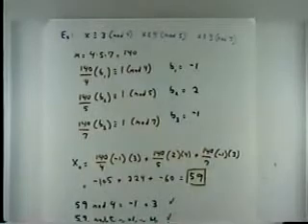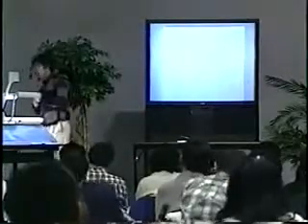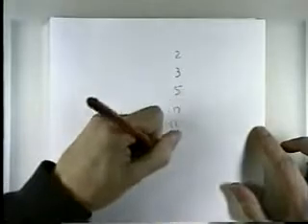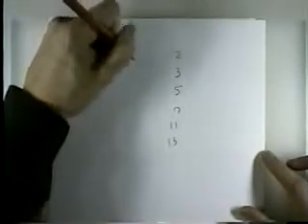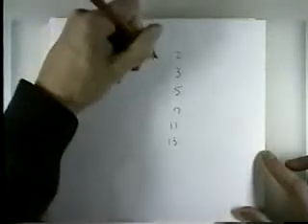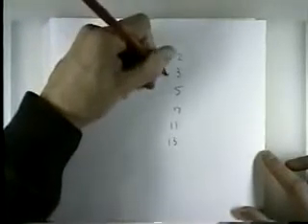Suppose I want to represent an integer. Let's say I take all the primes: 2, 3, 5, 7, 11, 13, and so on. I take the integer x congruent to 1 mod this.